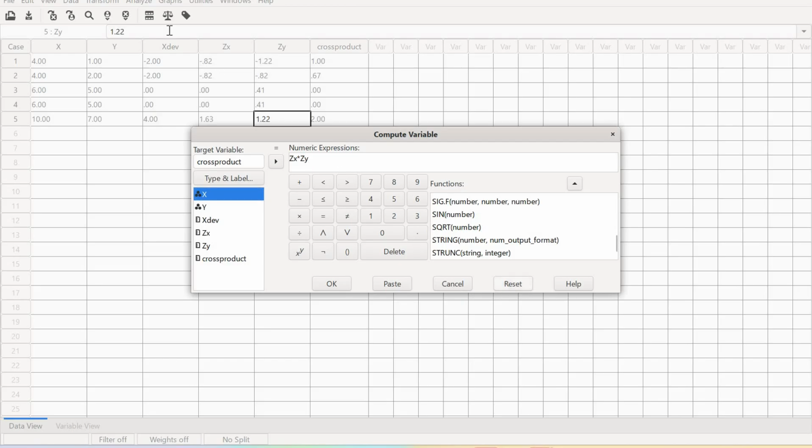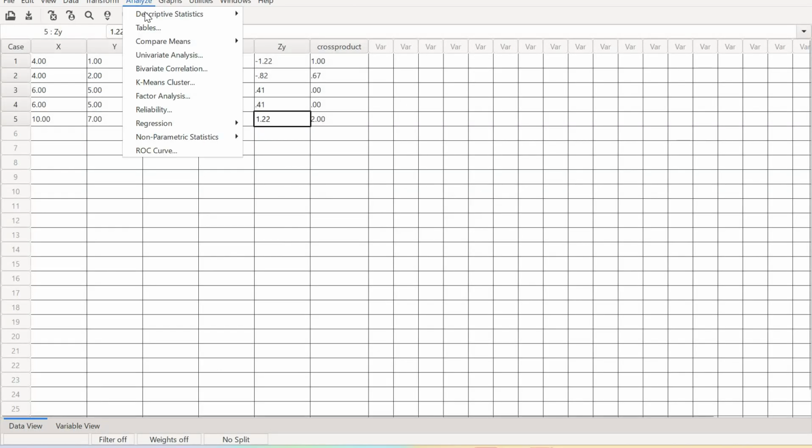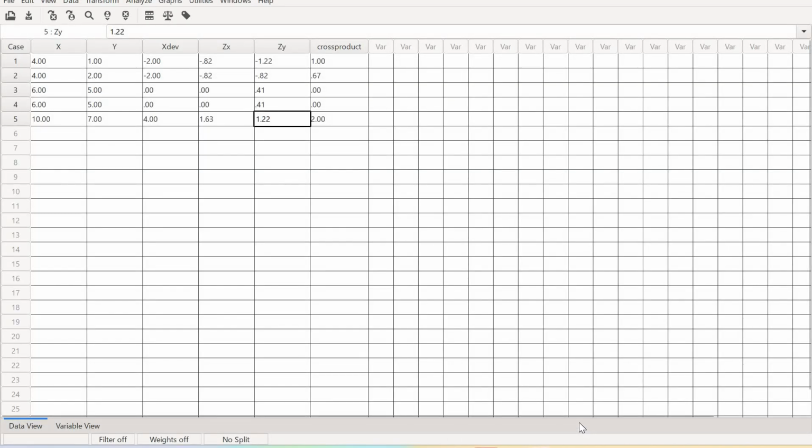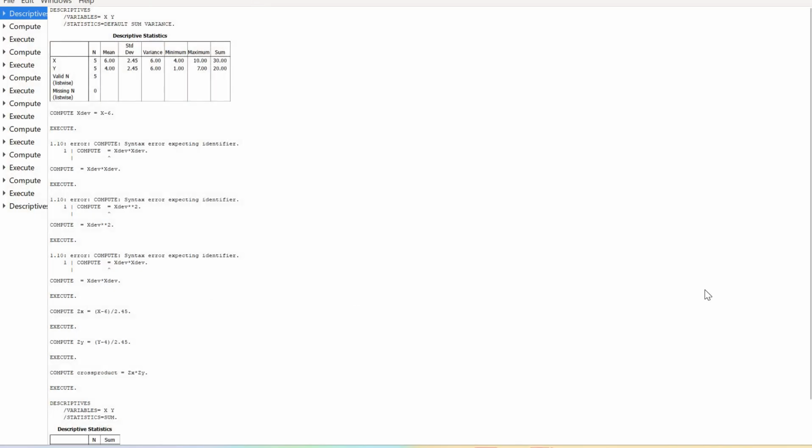Okay, no, I don't need this function. I need to analyze. Get the descriptives. I don't want any of this. I just want the sum. Oh no, I think I got it wrong.